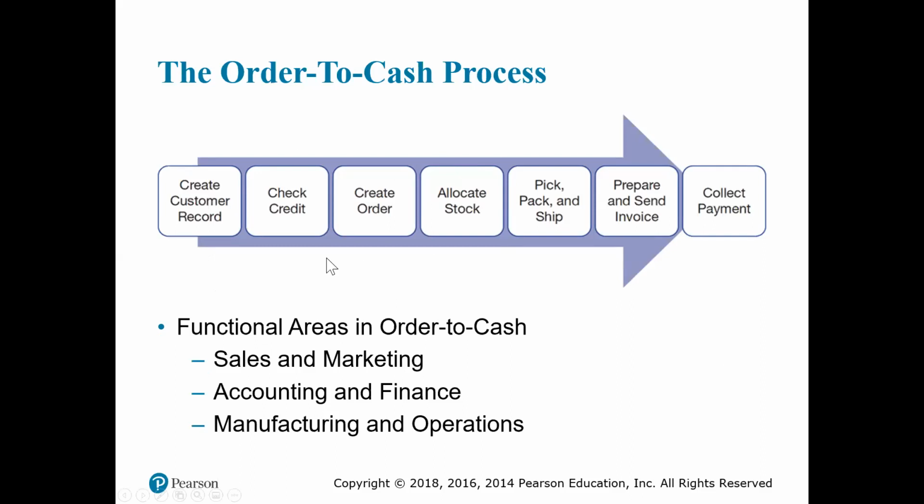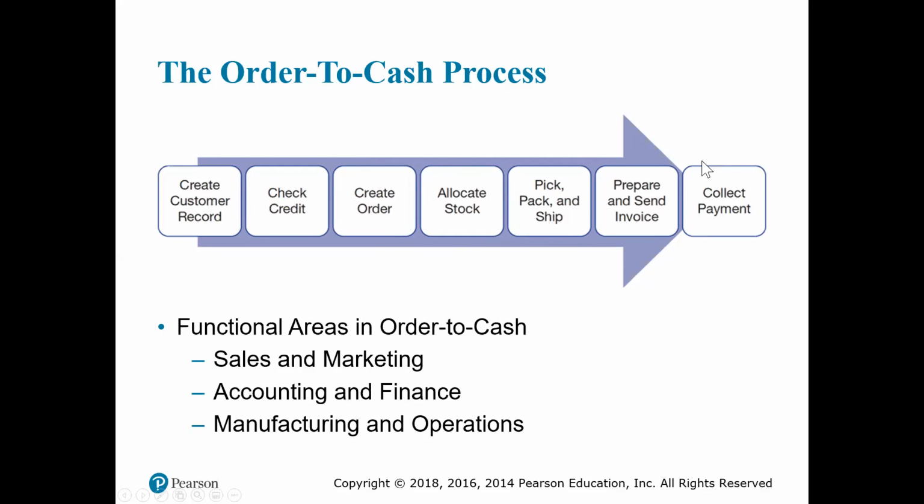It can be broken down into multiple sub-processes, including creating customer records, checking the customer's creditworthiness, creating an order, checking and allocating stock, picking and packing and shipping, invoicing, and collecting the payment.